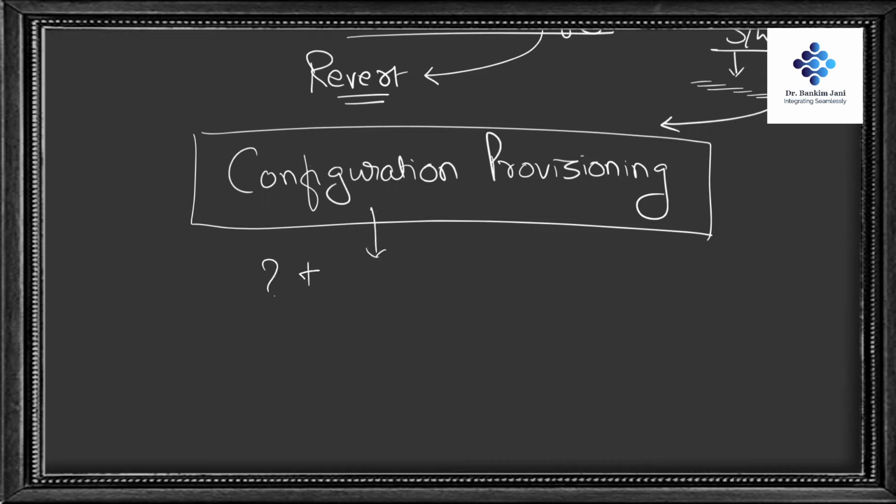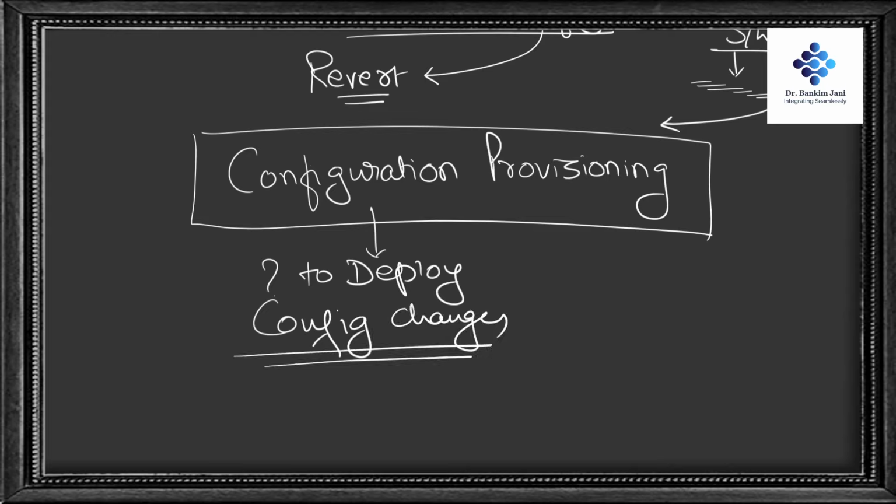So how to deploy configuration changes. It could be you have just made one change to the interface, that is the IP address, or you have changed some routing protocol. And how will you really deploy these changes?